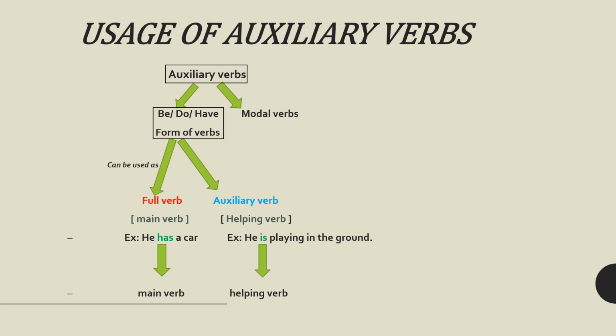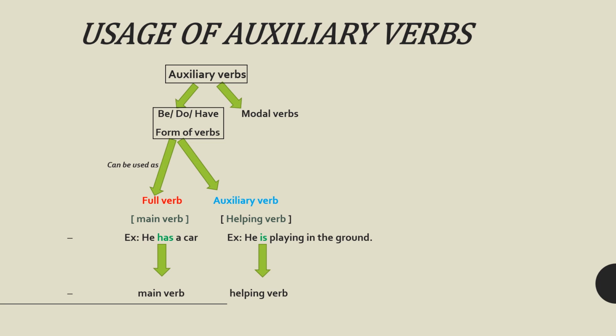Be, do, have forms of the verbs can be used in two different ways: sometimes like a full verb, and sometimes like an auxiliary verb, meaning the helping verb. We can take two examples: he has a car, and the second example, he is playing in the ground.